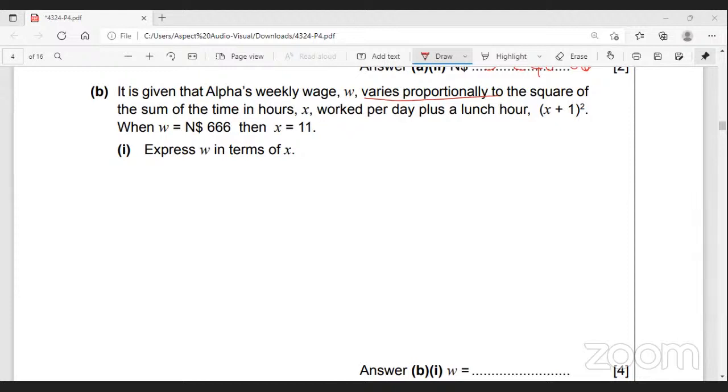Remember, for direct and indirect, if they are saying that a is directly proportional to m, it's like that. But now here they are saying that W varies directly, directly proportional to the square of the sum of the time in hours.